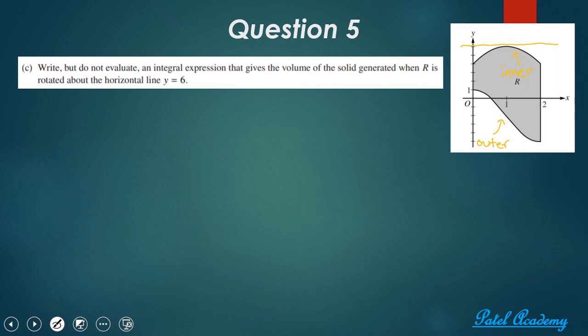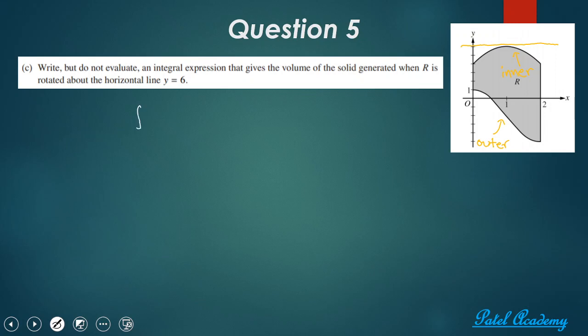And so what we notice is that the general formula, this is probably a formula that you should know, because most often you get functions rotated about a horizontal line or a vertical line, and this is very common.